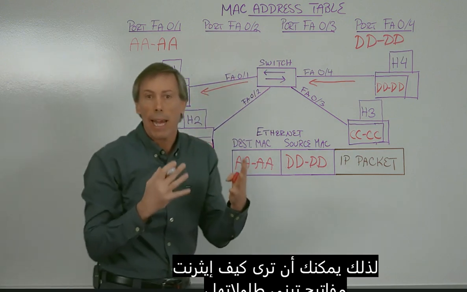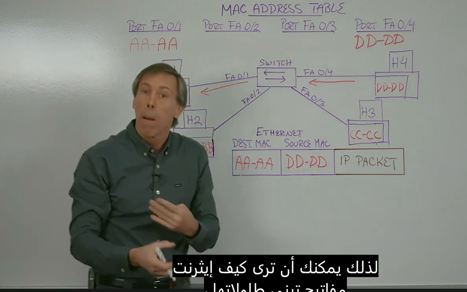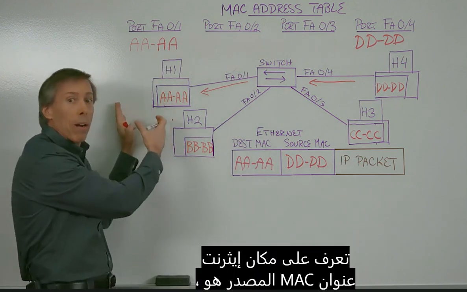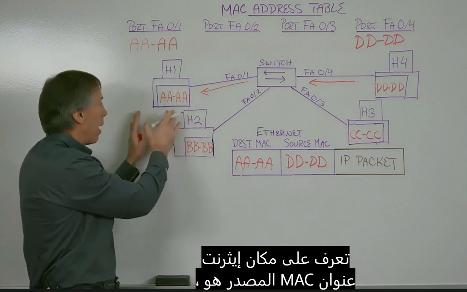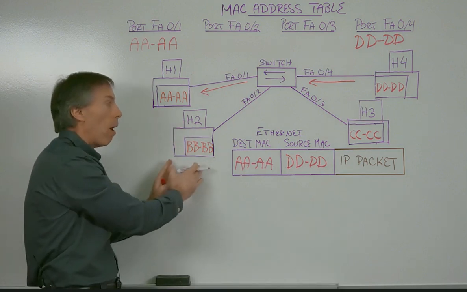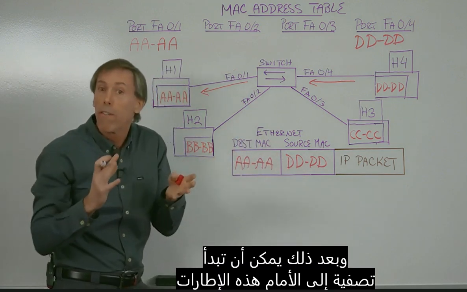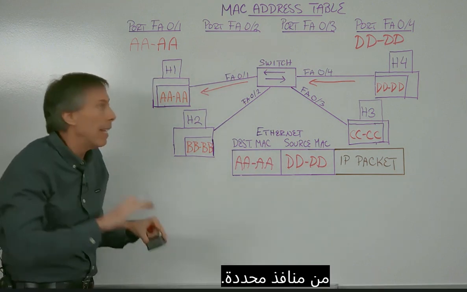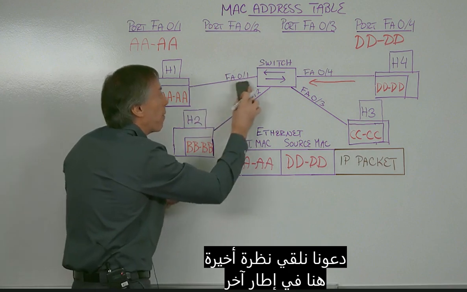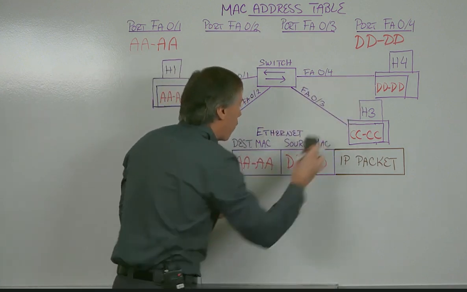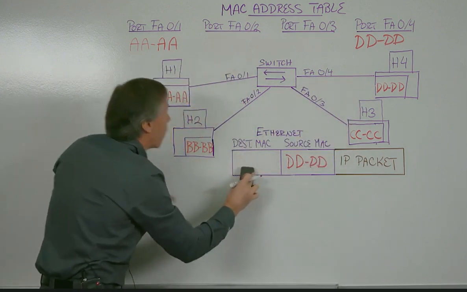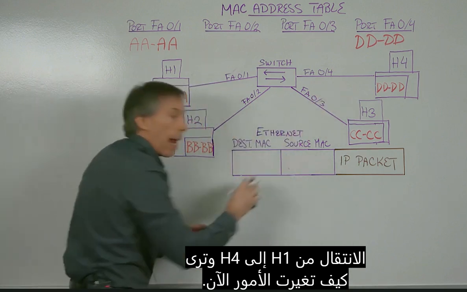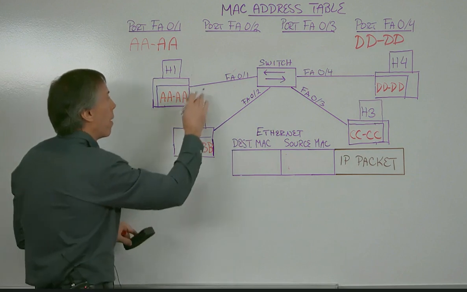So you can see how Ethernet switches build their tables, learn about where the Ethernet source MAC addresses are, and then can start to forward these frames out specific ports. Let's take a final look at another frame going from H1 to H4 and see how things have changed now.